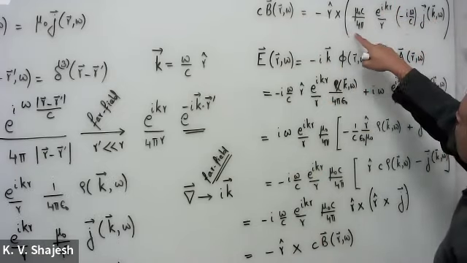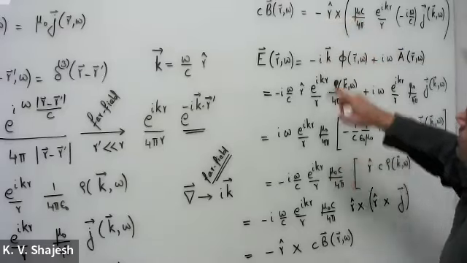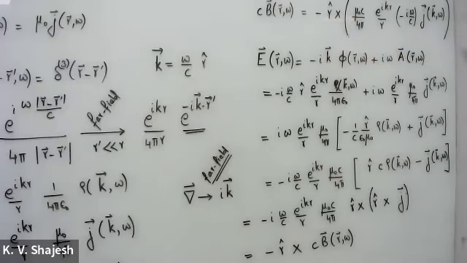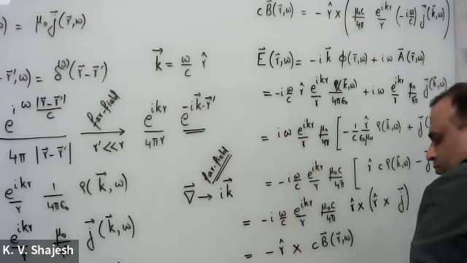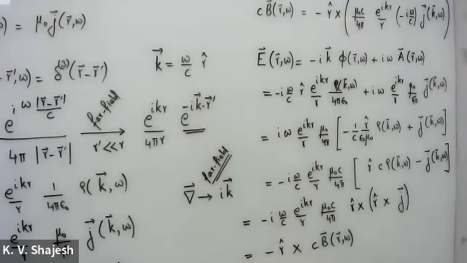And this whole thing is a source dependent quantity. And you have the magnetic field given by that. And once you know the magnetic field, cross it with the r hat vector, and you get the electric field. Is that clear? And we did this in the time domain, but now we have the whole thing in the Fourier frequency space too. Any questions?